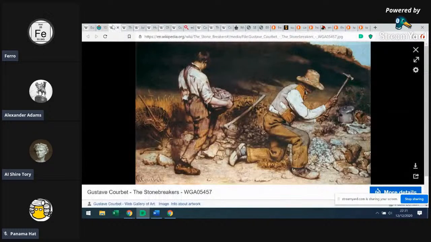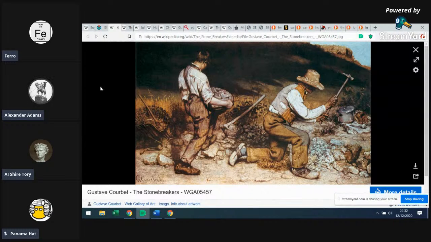Okay, I think we're now moving away from revolution, aren't we? Yeah, so here we have the Stonebreakers of 1849. This is a critical point where we have the Romantic movement giving way to the Realist movement. This is Gustave Courbet, French painter.